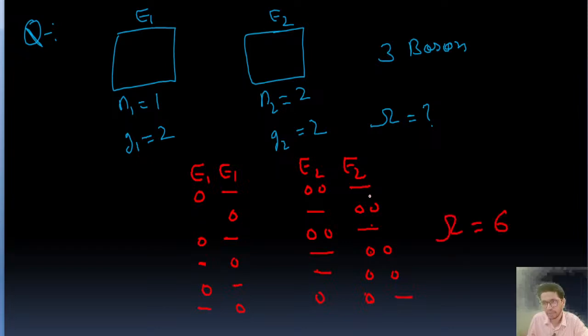Now I'm going to use the Bose-Einstein statistics formula, and then I'll find this omega value directly by formula.